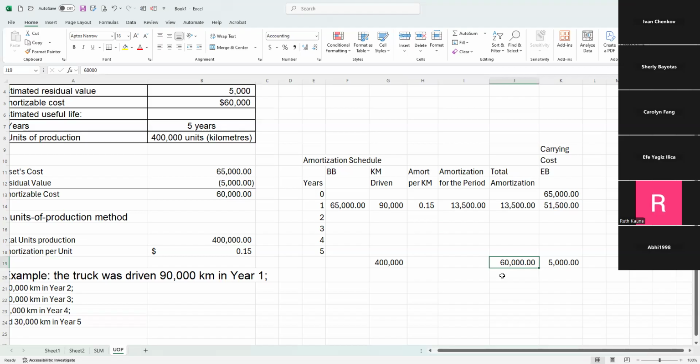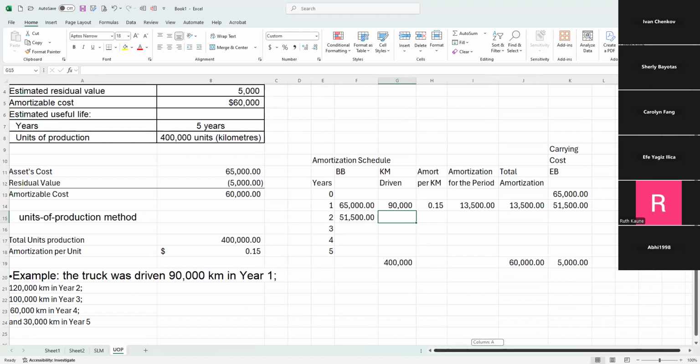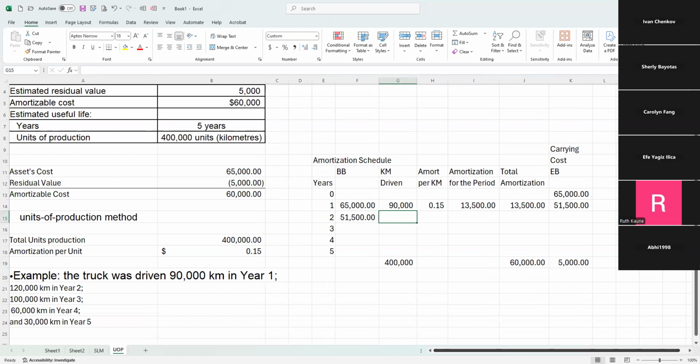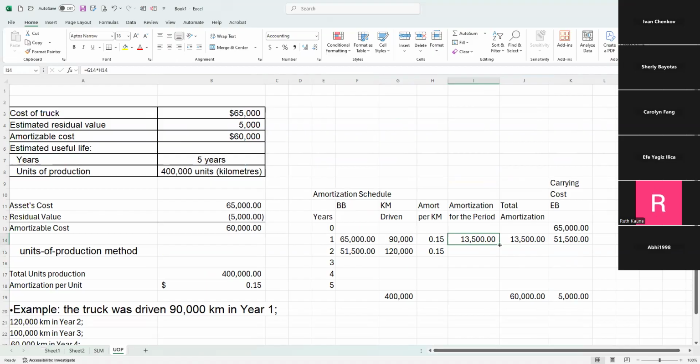So what you have to do is, let's keep going with the chart. Let's prepare the schedule, and I'm going to show you the tricks. Here, let's get the beginning balance 51,500, and then next year, how many kilometers did we drive the truck? 120,000, 0.15 per kilometer, and I'm going to drop this formula here, 18,000.